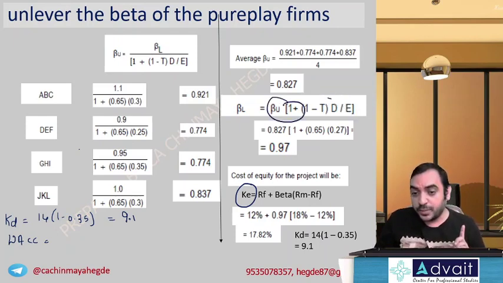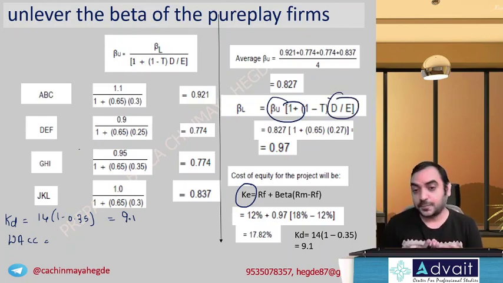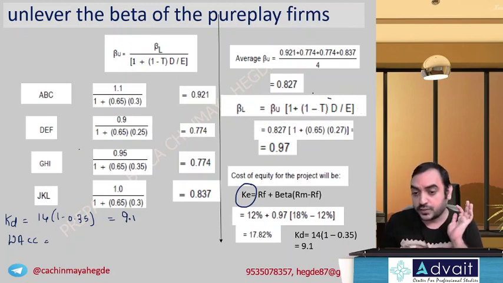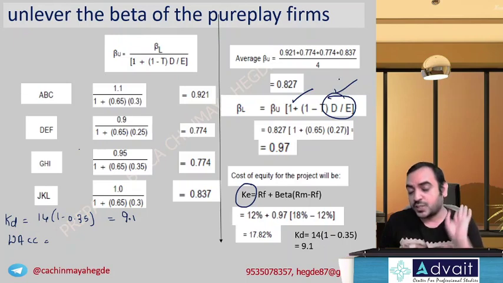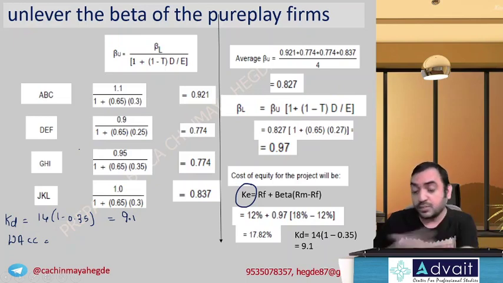So unlevered beta represents business risk. Debt by equity, what we are multiplying, represents financial risk. That's the two components. I hope you remember the formula logically, not just the formula, not just derivation, but the logical aspect also.